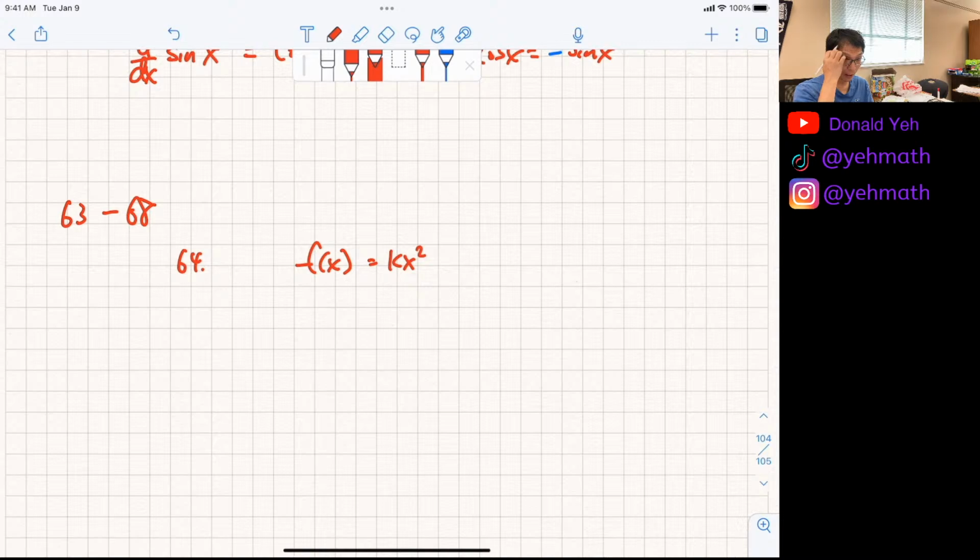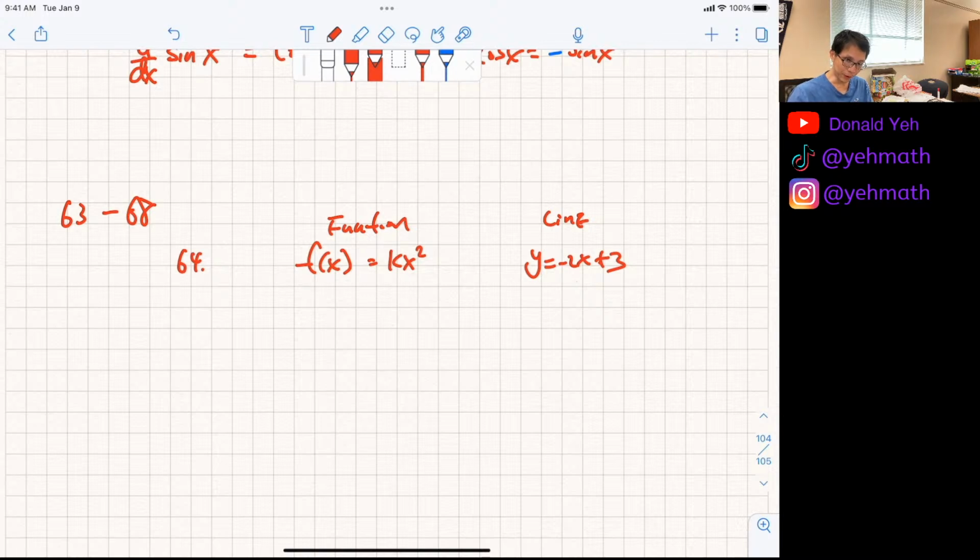So obviously there was an f of x here. And there was a line. So this is the function. And there was a line, and this line is y equal to -2x plus 3.